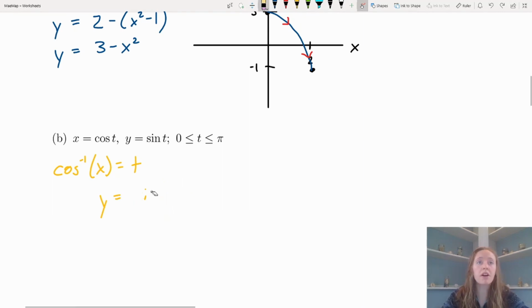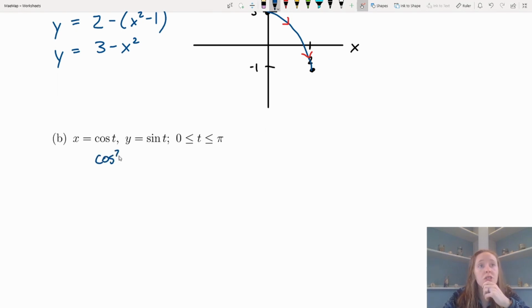So this is where we're going to use some Pythagorean identities to help us out. And now one that's really important in this case is the fact that cosine squared of some value, theta, plus the sine squared of that same value equals 1.